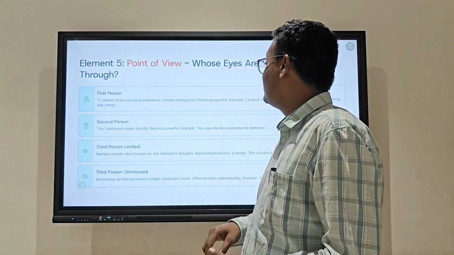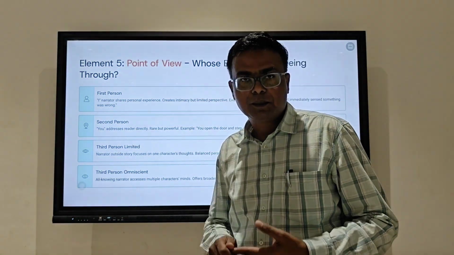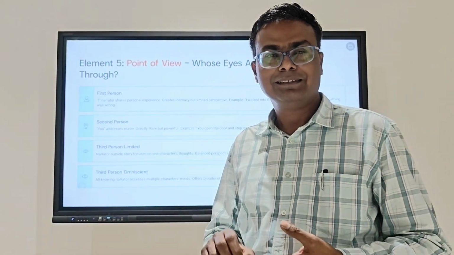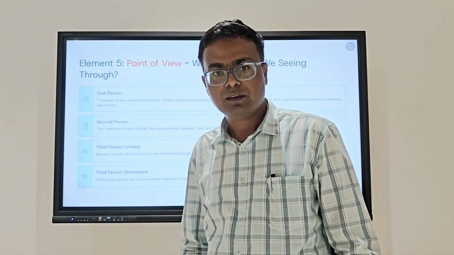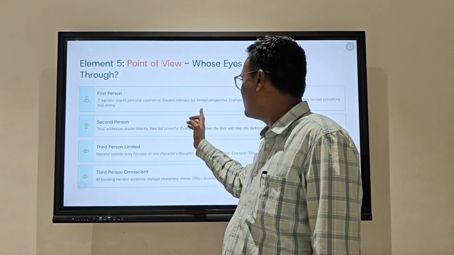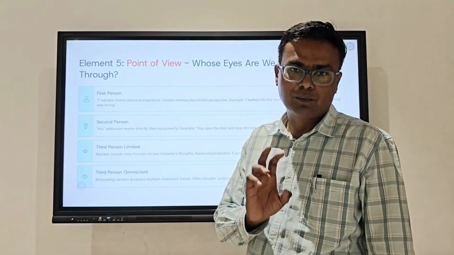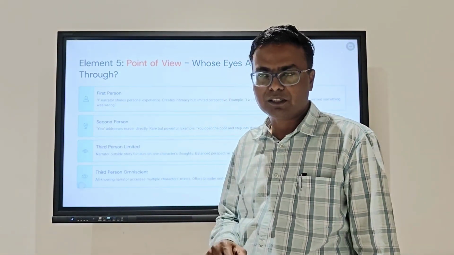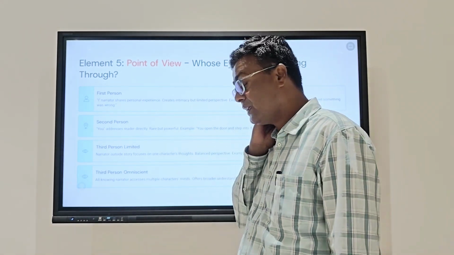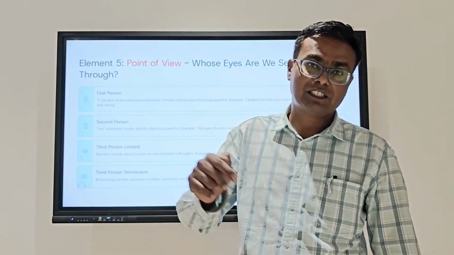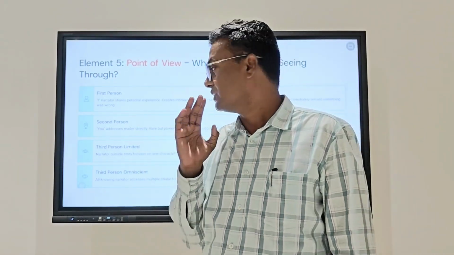So the first person is a character that tells the story of himself or herself in a narrative. The first person is always a part of the story. Always remember that if somebody is telling his or her own story and he or she is a character in the story, it is called first person.